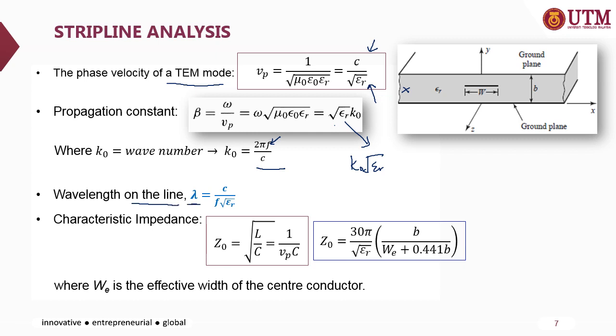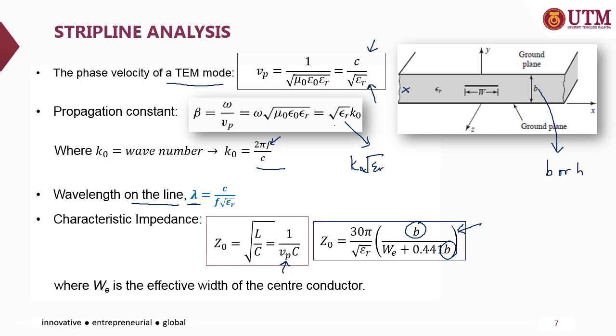While the characteristic impedance Z0 equals 1 over Vp, the phase velocity, multiplied by the speed of light, and the characteristic impedance can also be calculated by using this equation, in which it depends on B or H, the thickness of the structure.